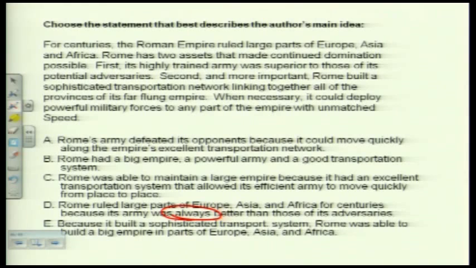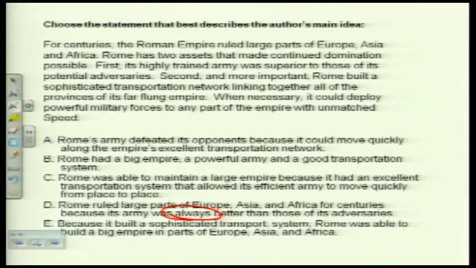So we have B, C, and E left. So what's the answer? Someone said B, some people said C. We don't choose E, right?